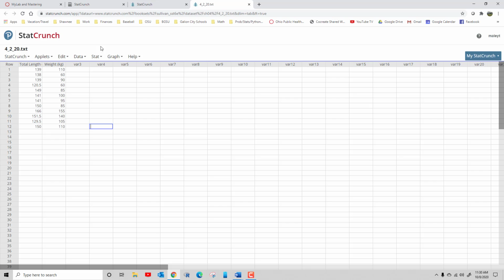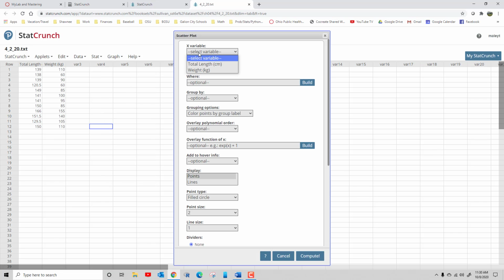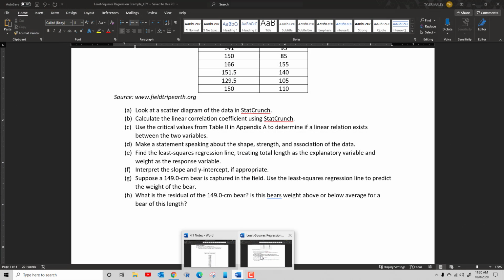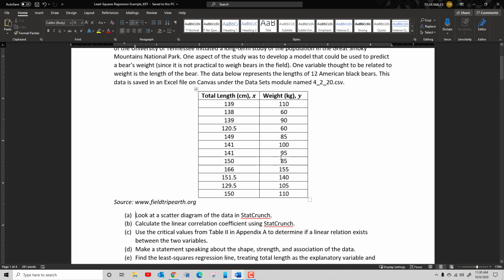We want to look at a picture, so we'll go to Graph, and then Scatter Plot. The X variable that we were using is total length, and the Y variable is weight, right? It's pretty typical in research that the first variable you list is the X and the second is the Y, but that's not necessarily true.